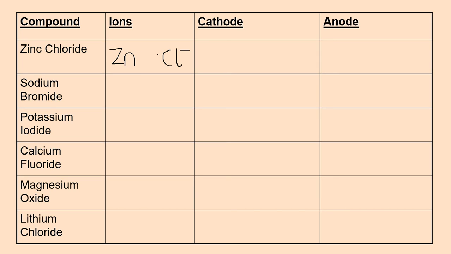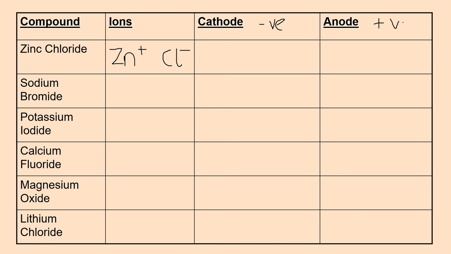This means that the charge of the zinc will be positive. You then need to decide which of these two ions is going to go to the cathode. So if we think back to PANIC, positive anode, negative is cathode. So our cathode is negative and our anode is positive.